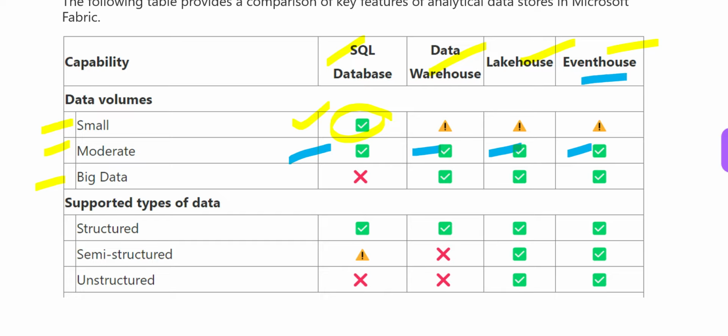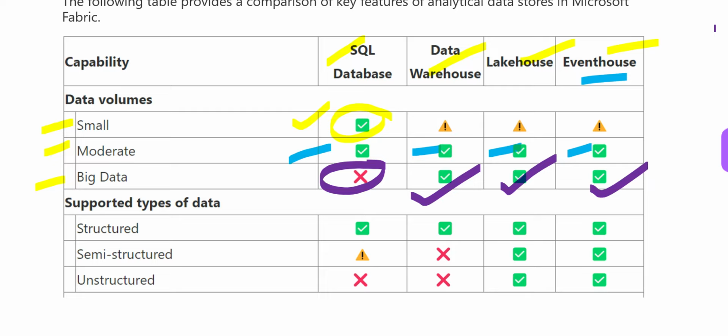But if you have big data, an enormous amount of data, do not go for SQL database at all. Go for large size stores like a data warehouse, a Lakehouse, or an Event House if real time data collection is in scope. So we have checked data volumes for small, moderate, and big data.